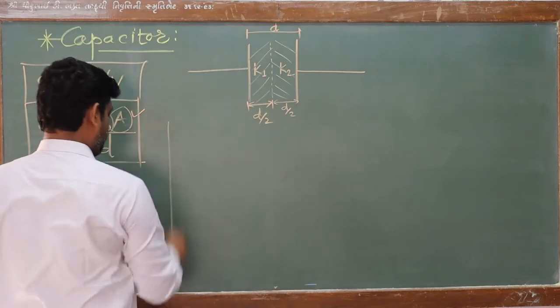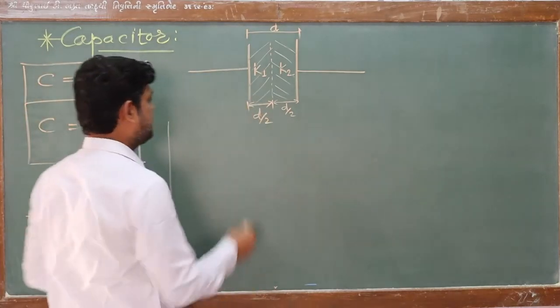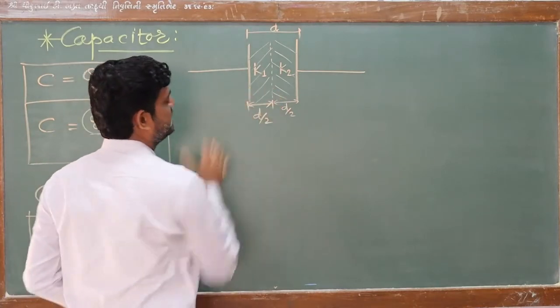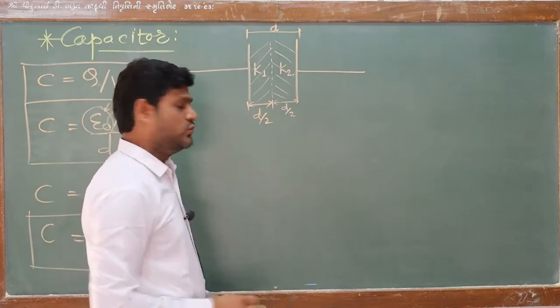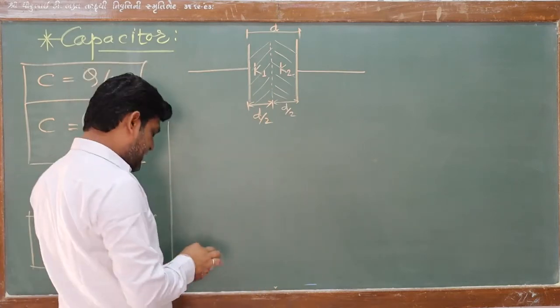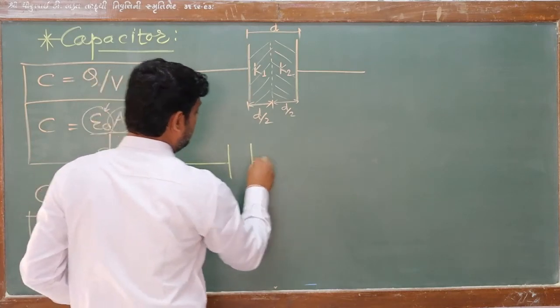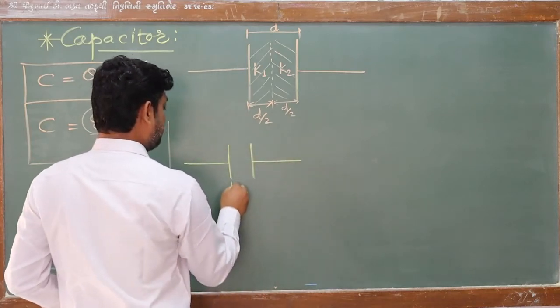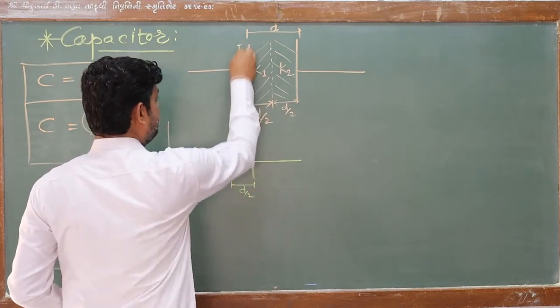First of all, we will simplify this diagram like this. Up to here we can consider capacitor number 1, and up to here capacitor number 2. Simplifying the diagram, we draw it like this. This separation is D by 2, and A is the area of the plate.